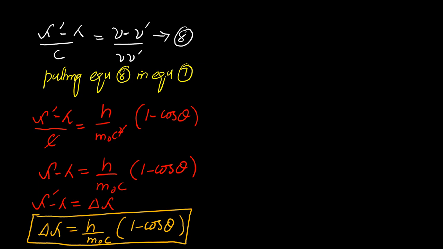So now the interaction of a photon with an electron could take place at a different angle, like theta could be 0 degree, it could be 90 degree, and it could be 180 degree.